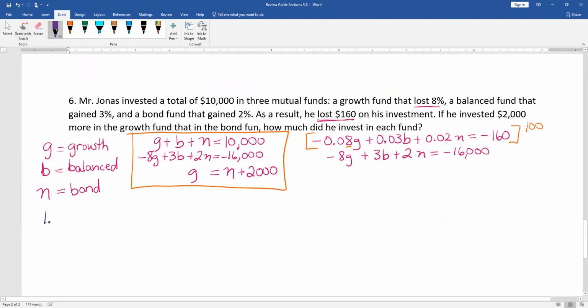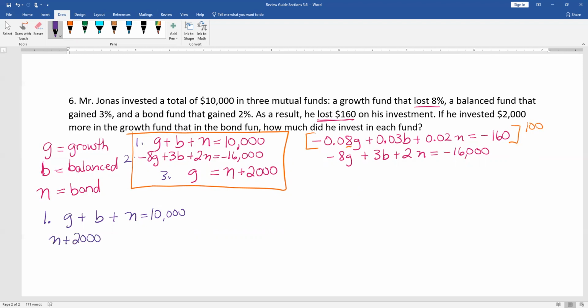So step 1, we write our 2 bigger equations with 3 variables, g plus b plus n equals 10,000. All right, I'm going to substitute equation 3 in the value of g for the g. So this is n plus 2,000 plus b plus n equals 10,000.